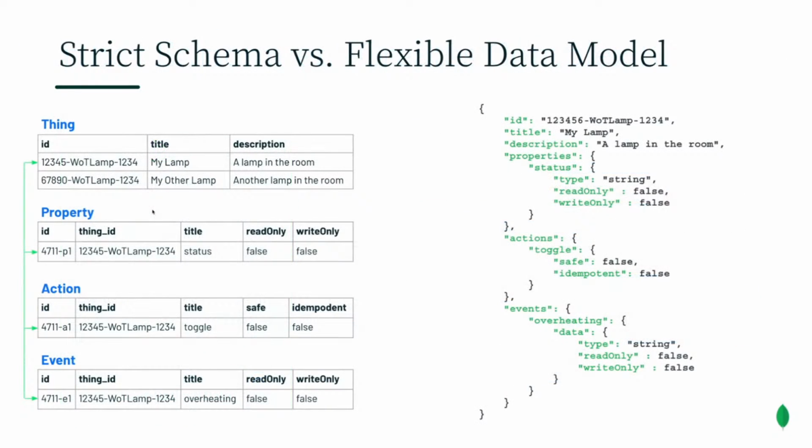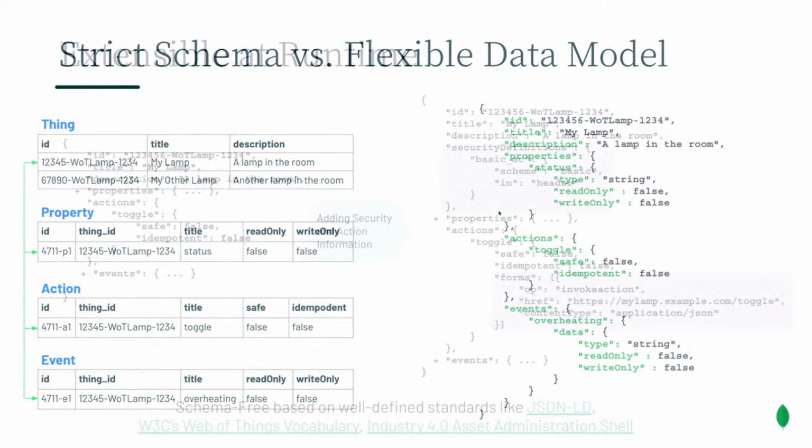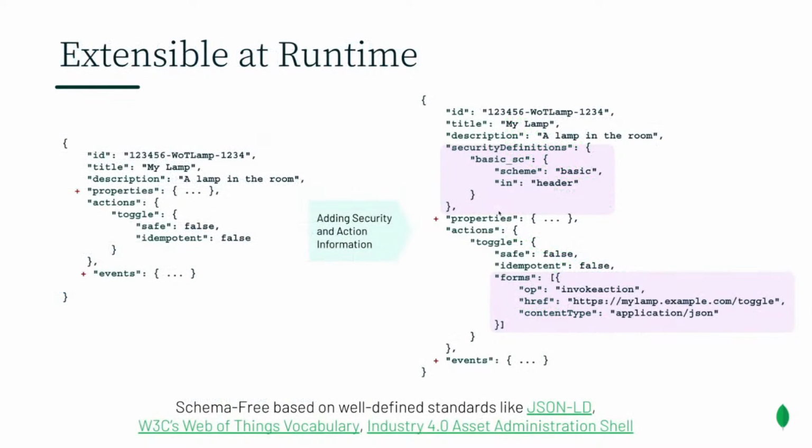But this might look a little bit different in Mongo. Your strict schema that is more traditional for an RDBMS looks very different in Mongo just because of the flexible data model. Moreover, this makes Mongo also extensible at runtime.